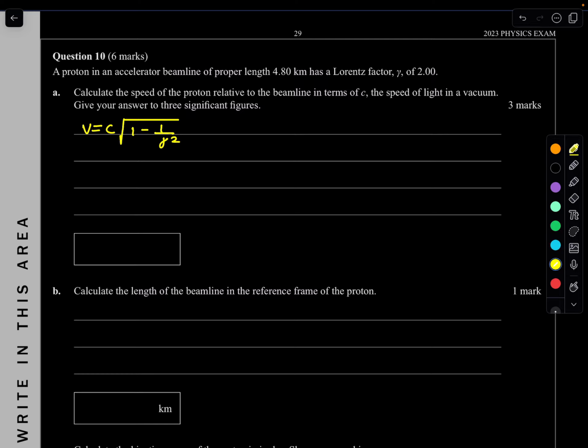So now let's do this. Basically all we have to do is c square root of 1 minus 1 over 2 squared, which gives me 1 minus 1 over 4. That gives me the velocity to 3 significant figures, that's 0.866c. Beautiful. So write that down.